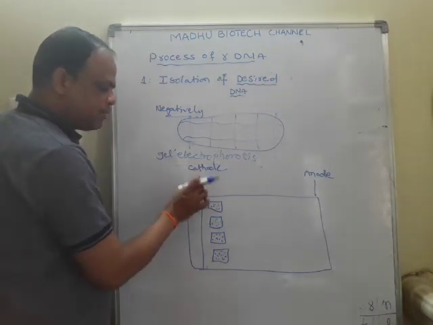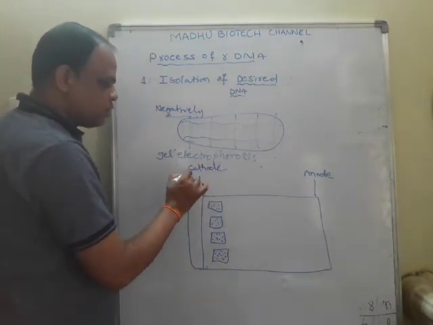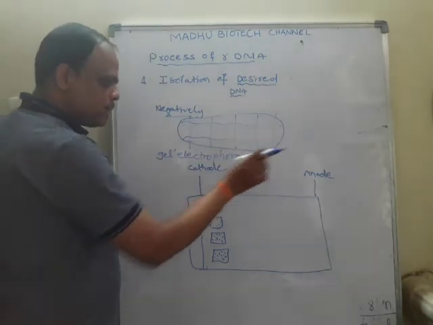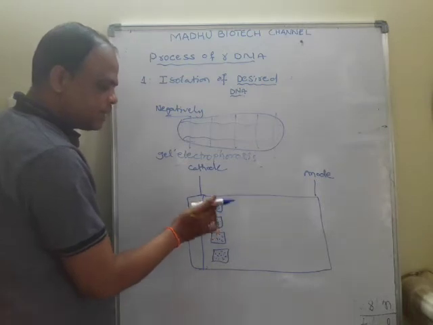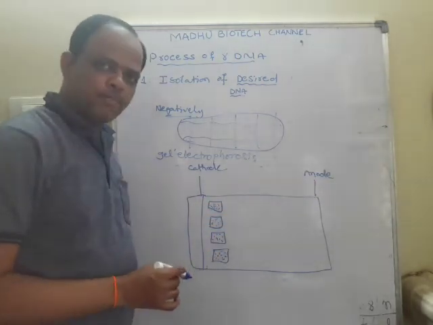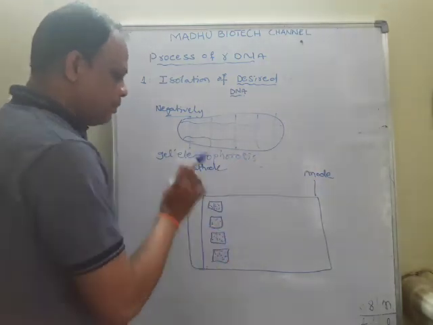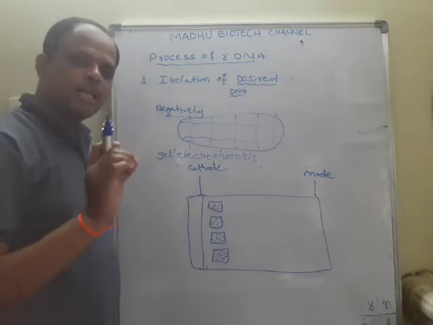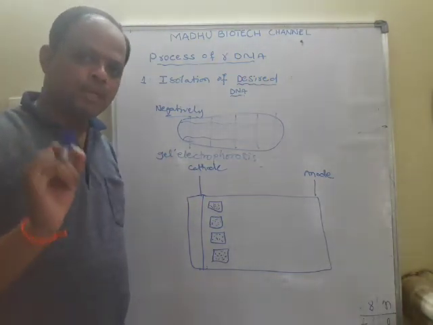When we connect the electric power, there is a cathode side and an anode side. So then what happened? The genetic material moves from the cathode to the anode side, based on size.